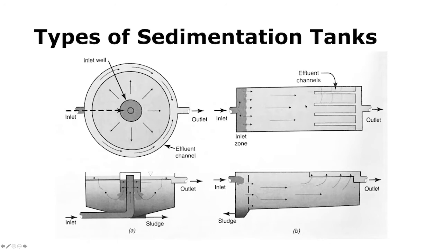In this plan view, you can see at the effluent we'd have some effluent channels where the water would come over the tops of weirs into these channels and then drain out to the outlet. The heavier solids are settling down to the bottom and are removed from this point in the reactor as sludge, and the water flows over the weirs into the outlet channel to move on to the next process in the treatment system.